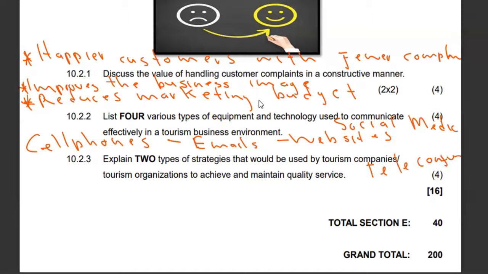So all these are different types of equipment or technology which can be used to communicate effectively in the business environment, especially from the tourism perspective.